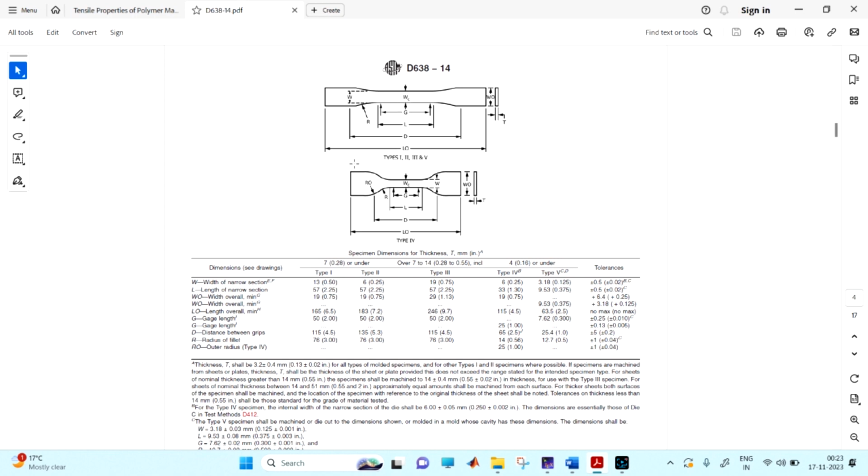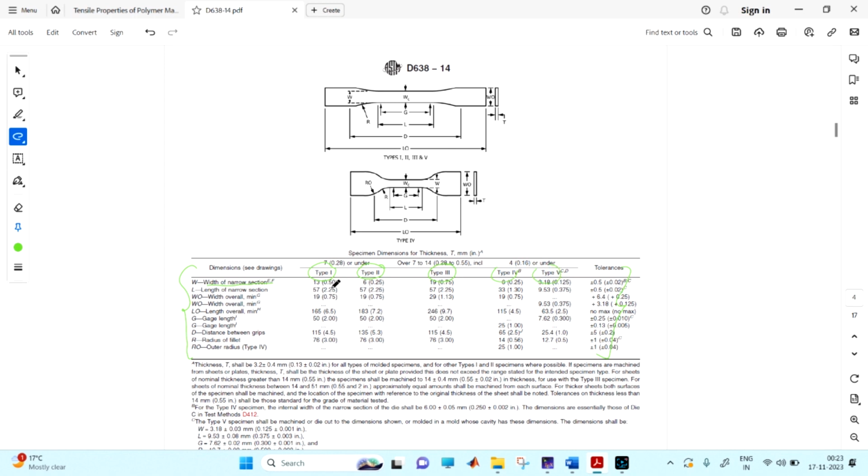If you come here, you will come to know the width of the narrower cross section for type 1 material, type 2, type 3, type 4. These are all things I have already shown you before.